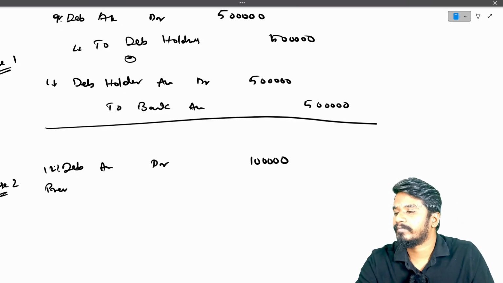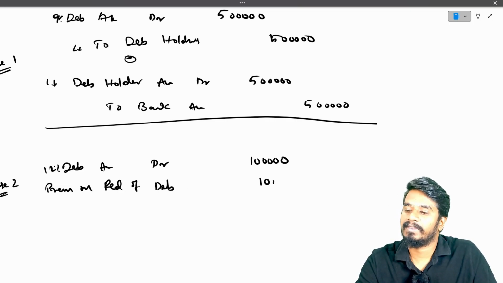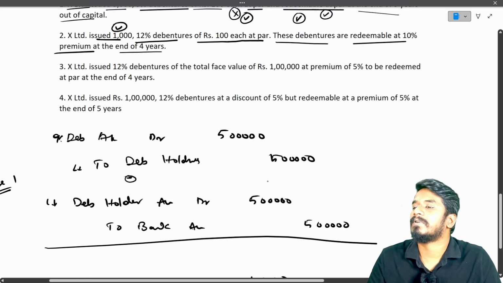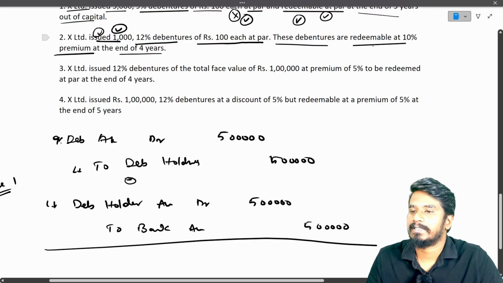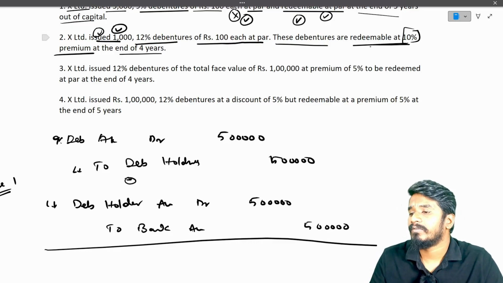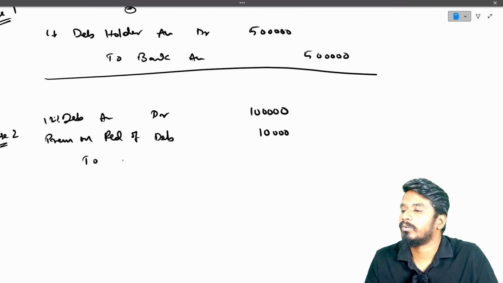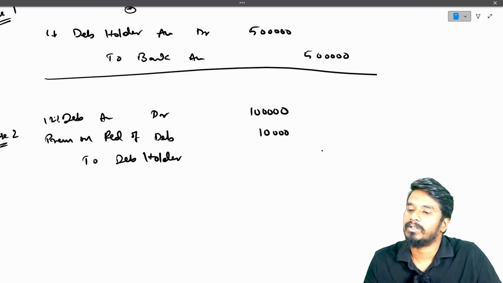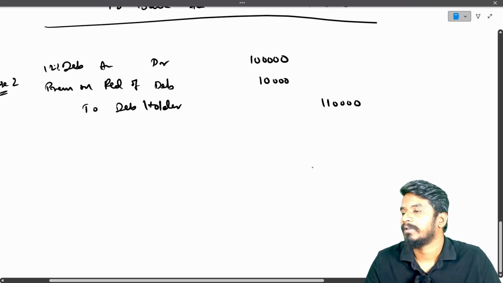So premium on redemption of debentures, which is 10,000, which is 10% of the issued value where it is redeemable at 10%. Right. Fine. Now we need to pay to debenture holders. How much? 1 lakh 10,000 we need to pay along with premium.